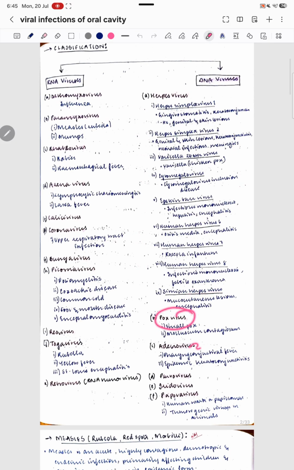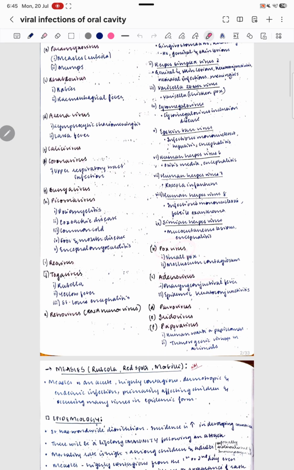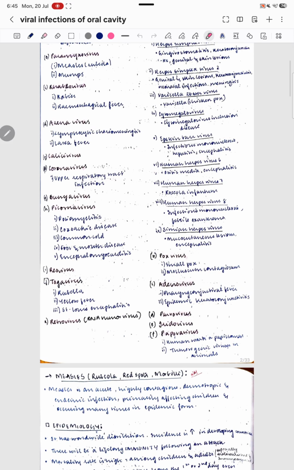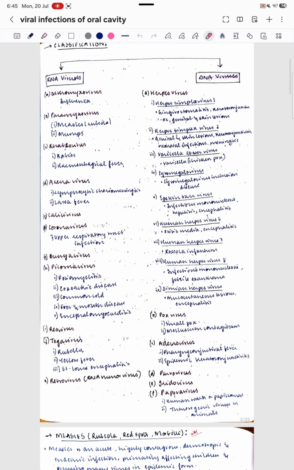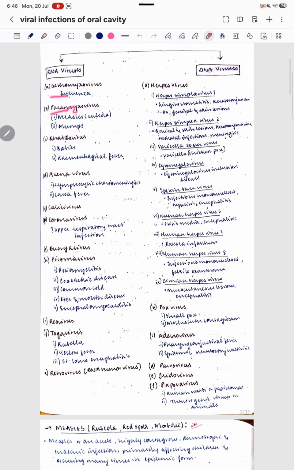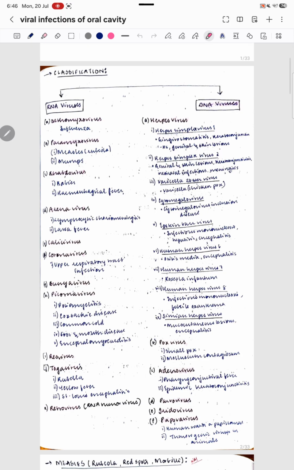Then you have pox virus, adenovirus, parvovirus, and papovavirus. These are all different types in a huge classification which is hard to remember.